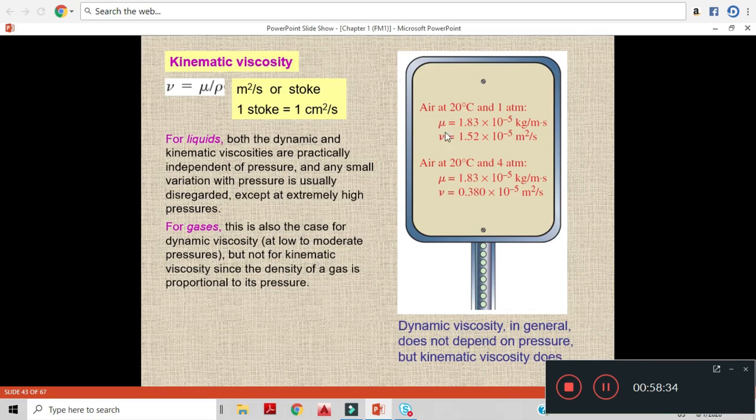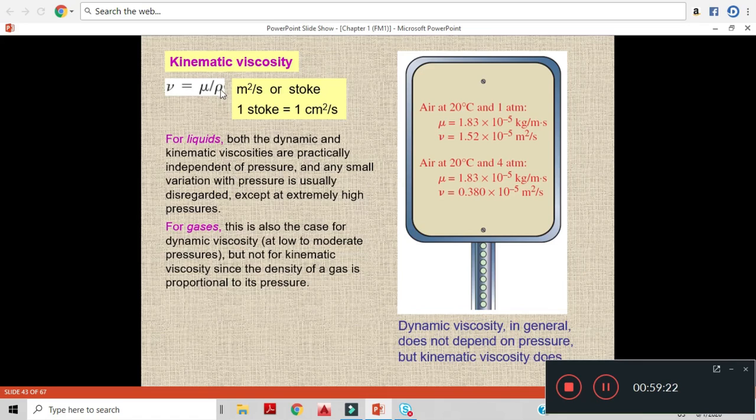Here there is an example. For air at 20 degrees centigrade and 1 atmospheric pressure, and air at 20 degrees centigrade and 4 atmospheric pressure, the dynamic viscosity is not changing with the change in pressure, because it doesn't depend on pressure. But for the kinematic viscosity we have a component of density, and in the dynamic viscosity we do not have any component of density.